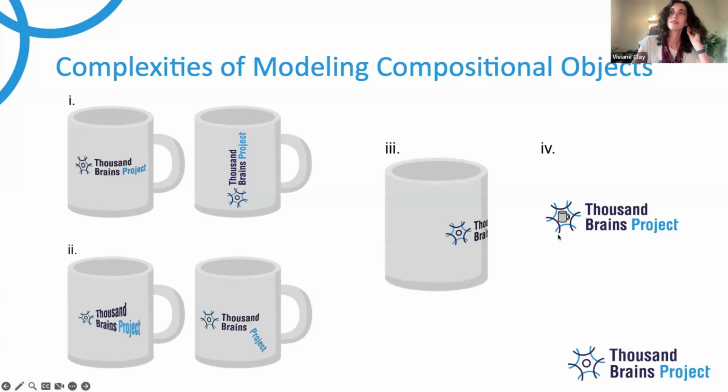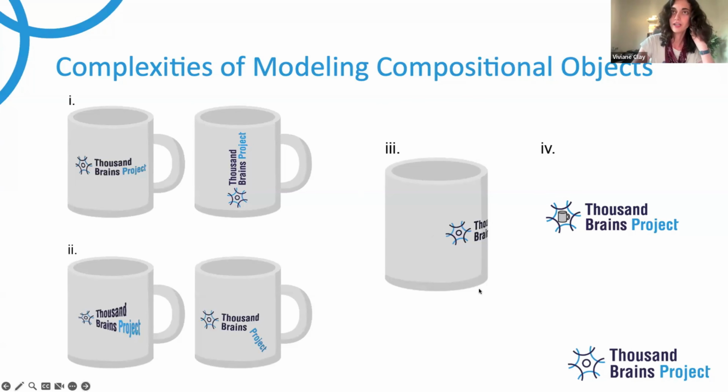And lastly, there's no kind of pre-assumption of which object will be the child object and what will be the parent object. It's not like the logo will always be on the mug. The mug might actually be part of the logo, where the logo is the parent object and the mug is a child feature on that object.